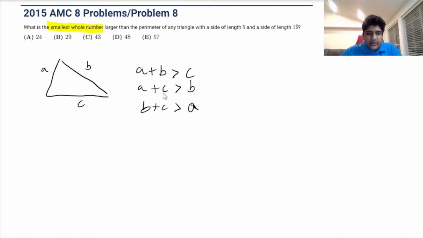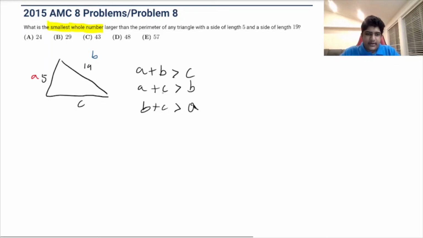So we have that one of the sides is 5, and one of the sides is 19. We want to find the smallest number that's greater than the perimeter, which means that we also need to find the largest possible perimeter. Let's look at each of these three inequalities, letting 5 be A and 19 be B. Let's start with the first inequality.